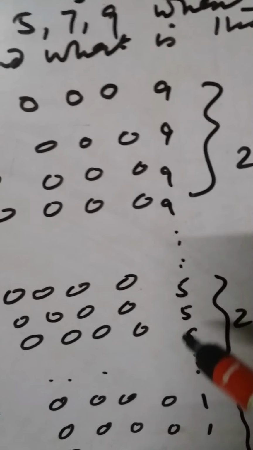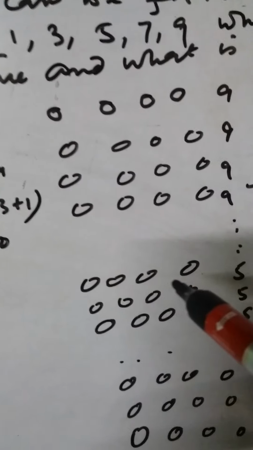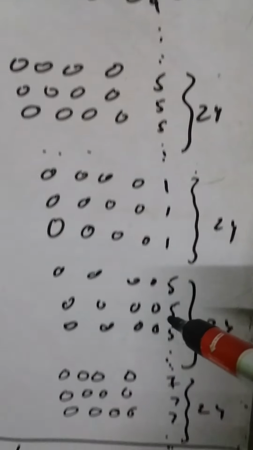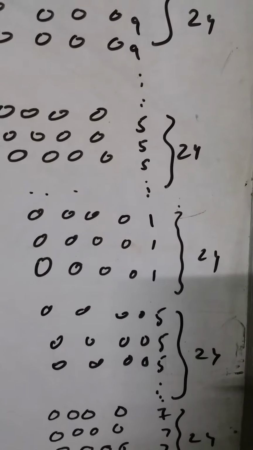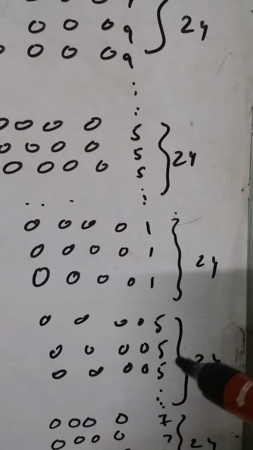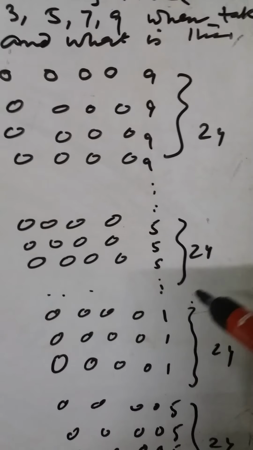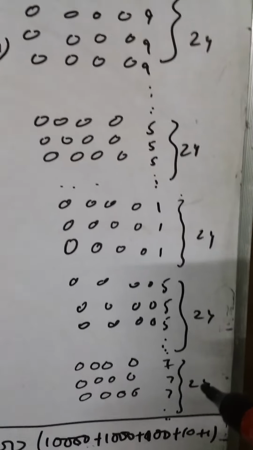Similarly, if we put 5 in the unit place, we can arrange the other 4 numbers in 24 ways. So in the unit place we get 9 24 times, 5 24 times, 1 24 times, 3 24 times and 7 24 times. The total number we get is 24 into 5, that is 120.